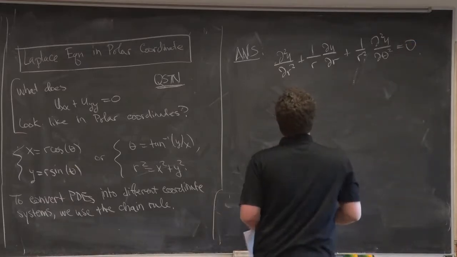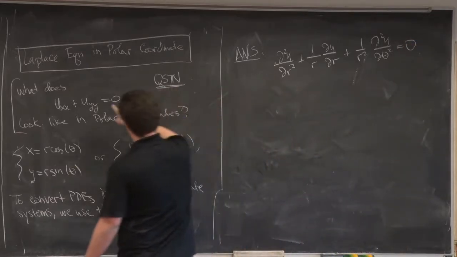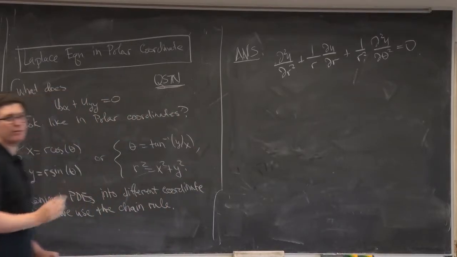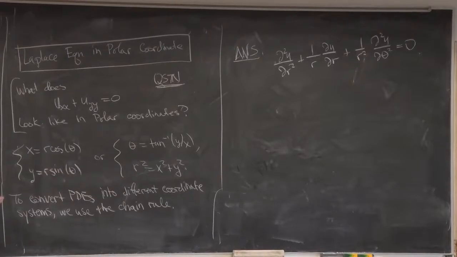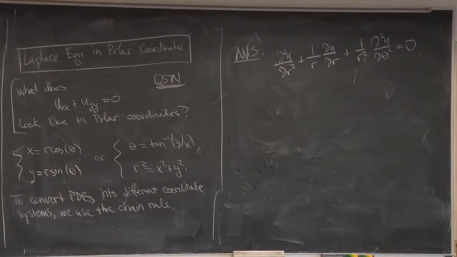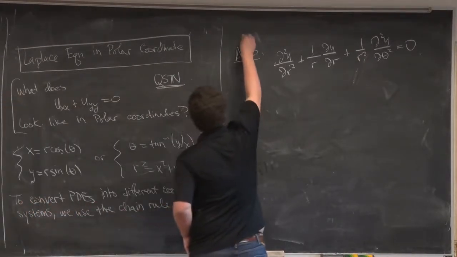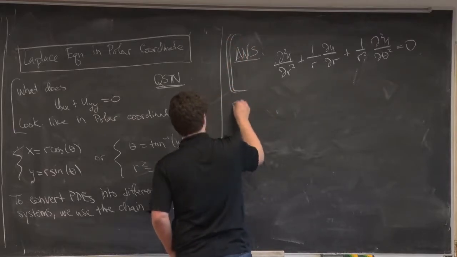So this equation is the same thing as the earlier equation, but written down in polar coordinates. To get here, we have to use the chain rule. Let me give you a reminder of what the chain rule is.